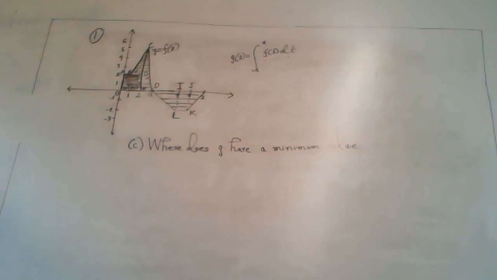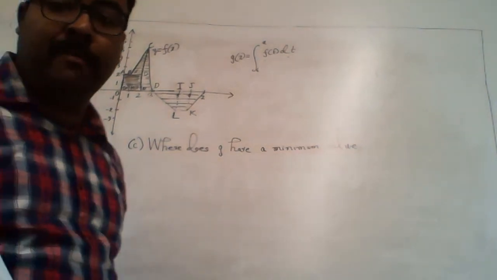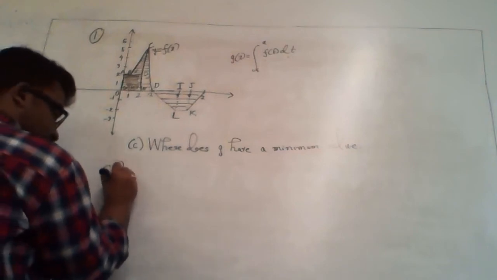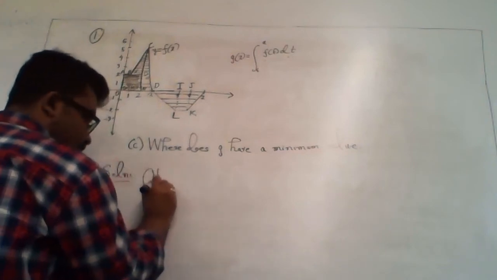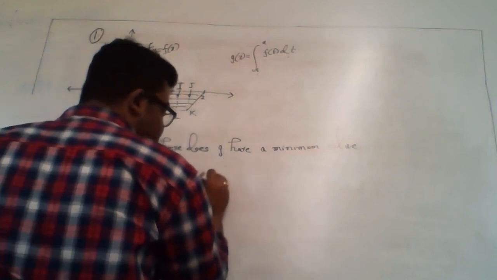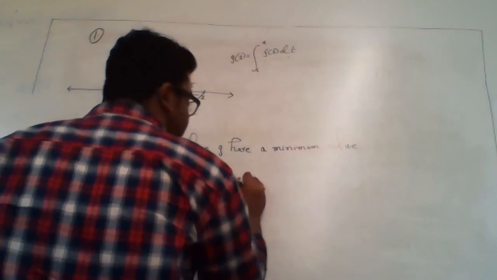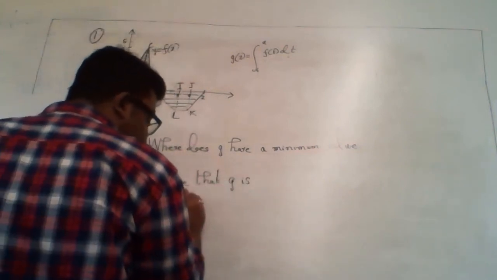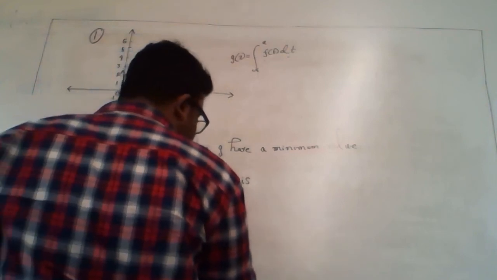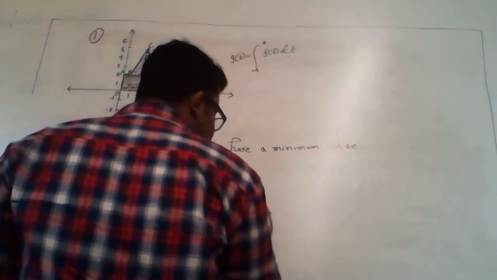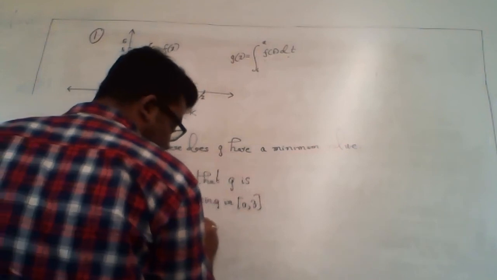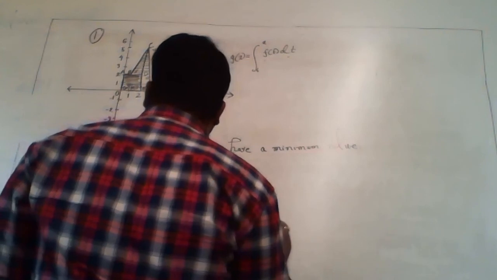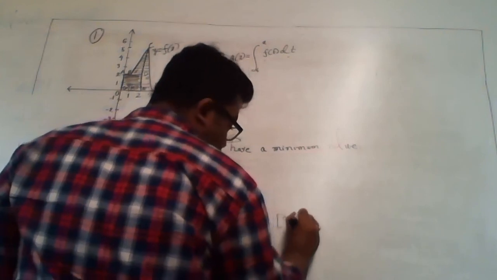To find out where g has a maximum value, observe that in the last step we have already proved that g is increasing in 0 to 3 and decreasing in 3 to 7, right?